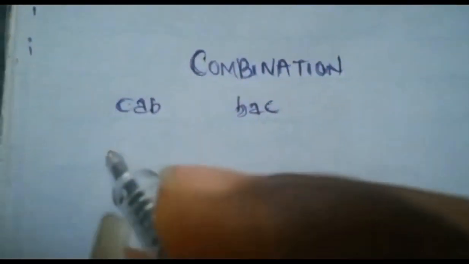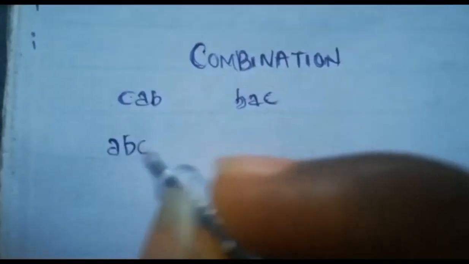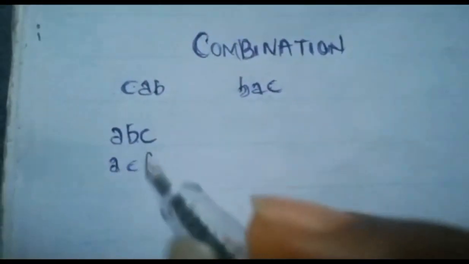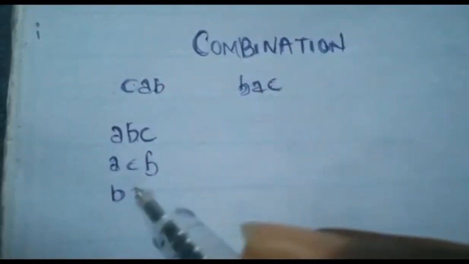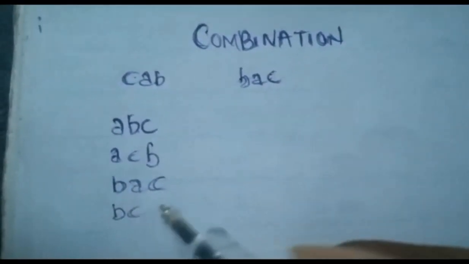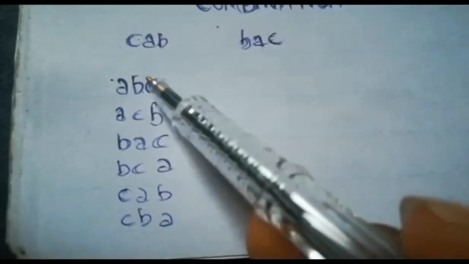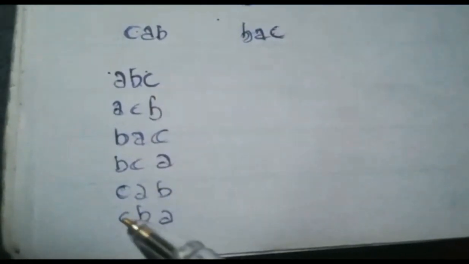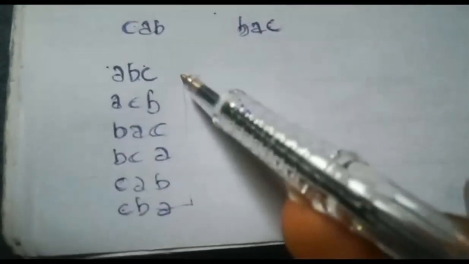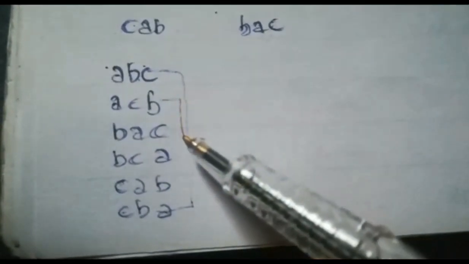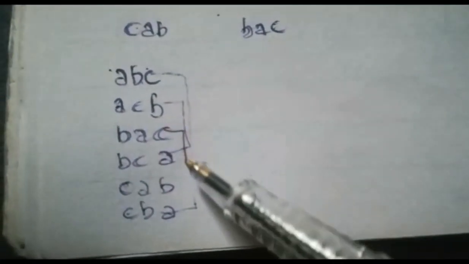So now let's say we have the word ABC. Under permutation we can arrange it as ABC, ACB, BAC, BCA, then CAB, then CBA. But under combination, we can say that ABC is the same thing as CBA. So these two are similar. This is similar to this, and this is similar to this.